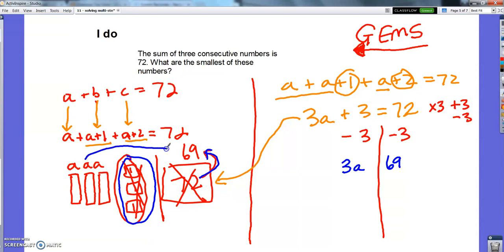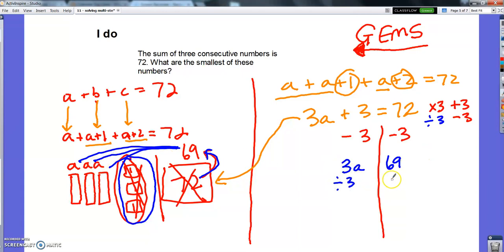3A equals 69. And then all I had to do was divide my 69 into my 3A's, and I had my answer. So the 69 has a third there, a third there, and a third there. So now, since I'm multiplying by 3, I divide by 3, just like I did over there.